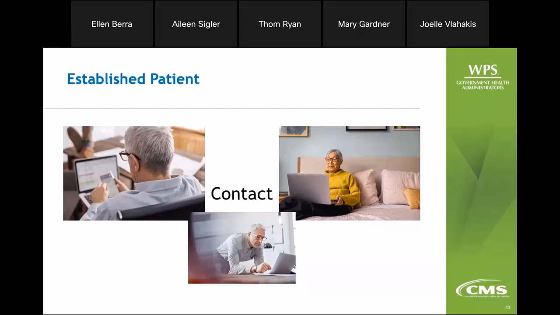So you can document within that patient's medical record, and it does have to be in the medical record, that the patient provided me with consent. For an example, I could indicate, I talked with Mrs. Jones on 10/13. She provided her consent to receive chronic care management services. I can put that in the medical record.